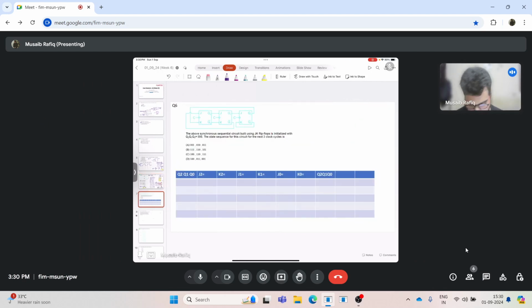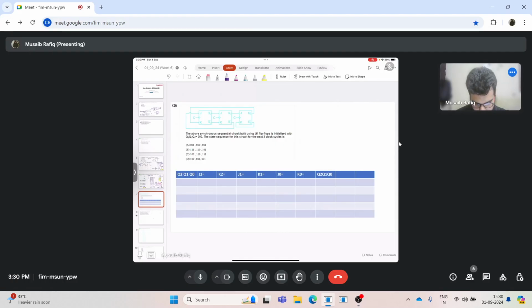So now let's just move forward to question number 6 of today's live session, which states that the above synchronous sequential circuit built using JK flip-flops is initialized with Q2, Q1, Q0 equal to 0, 0, 0. The state sequence for this circuit for the next 3 clock cycles is. So we are given the initial states, we are given the circuit, and we need to figure out what will be the state for the next 3 clock cycles, right?